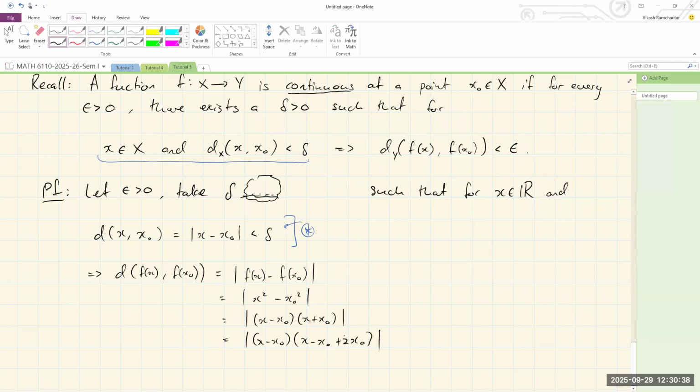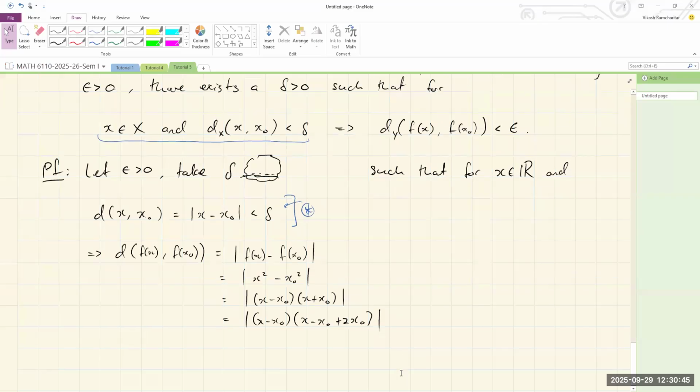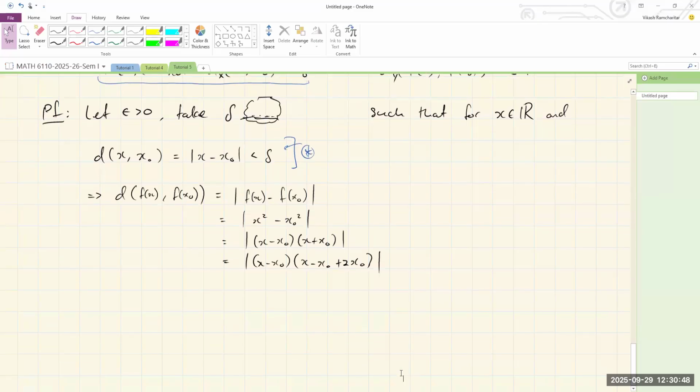And from there, I could use my rules of the modulus function to say that this is equal to modulus of x minus x0 by modulus of x minus x0 plus 2x0. From there to there, I'm using that modulus of alpha beta is equal to modulus of alpha by modulus of beta. I'm just pulling it apart there.